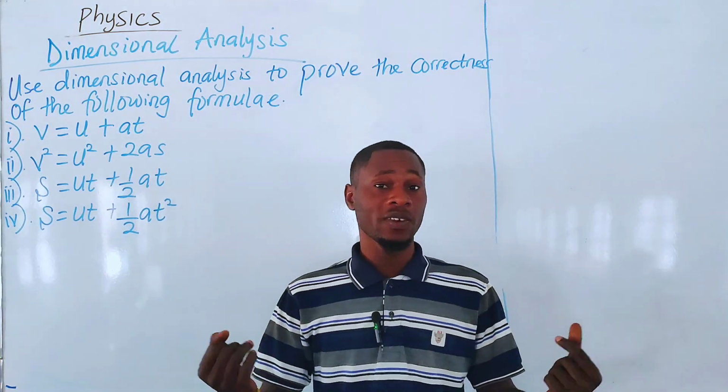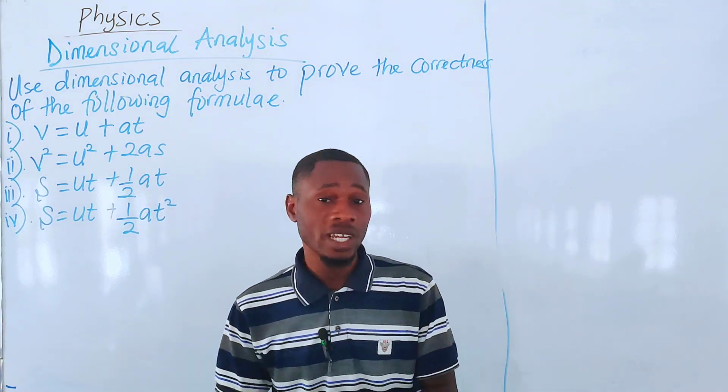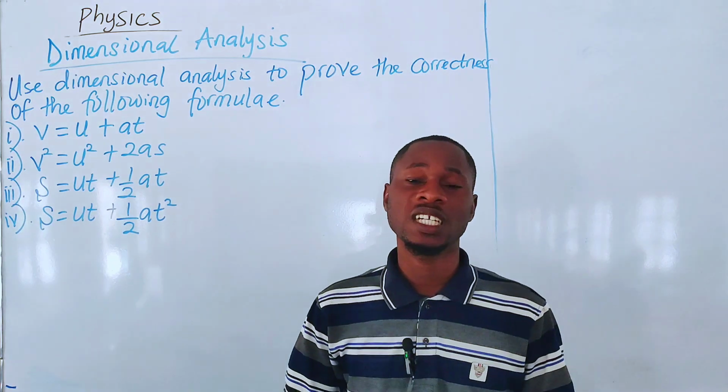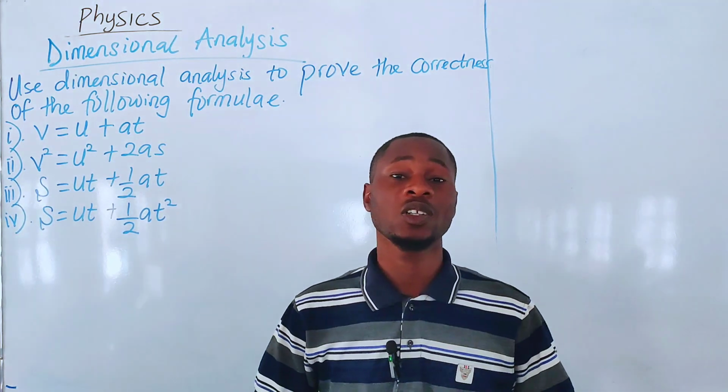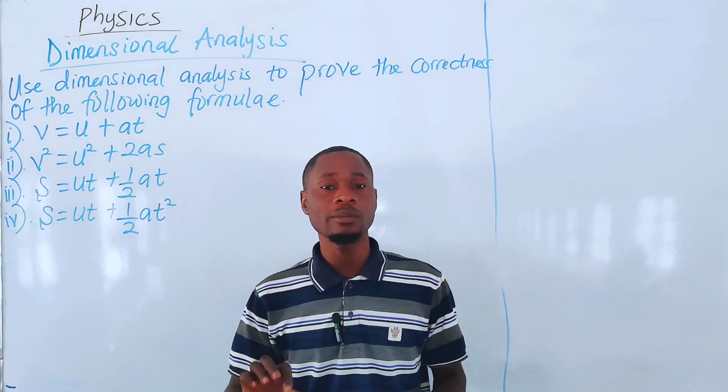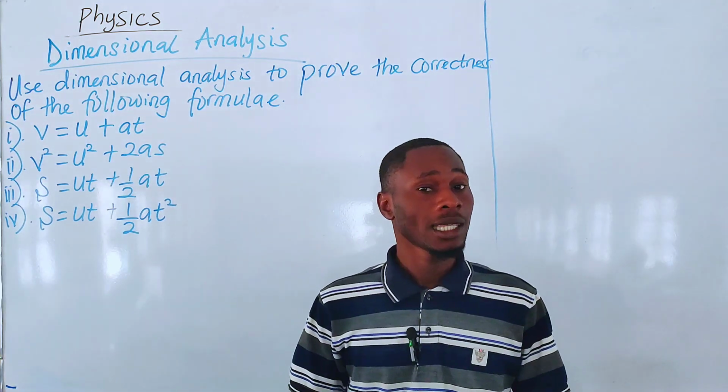Now, how do we know if an equation is dimensionally correct or is not dimensionally correct? You can know if an equation is dimensionally correct if each term of the equation has the same dimension.